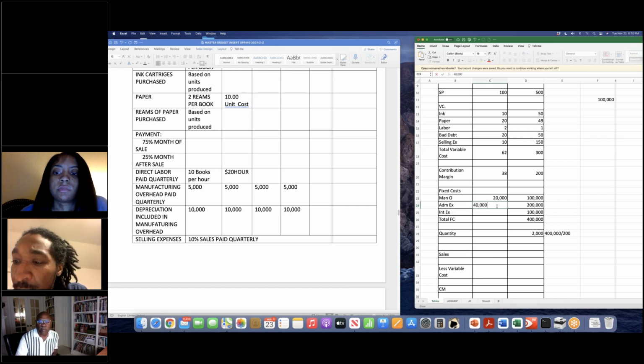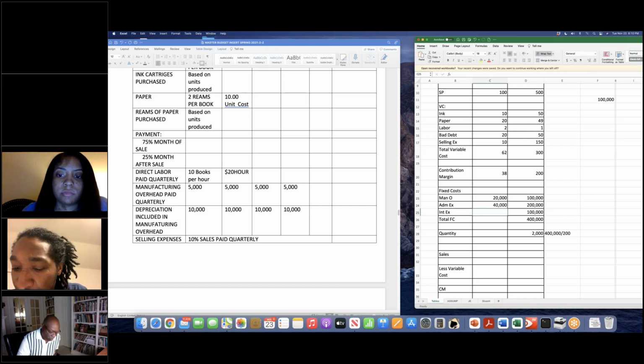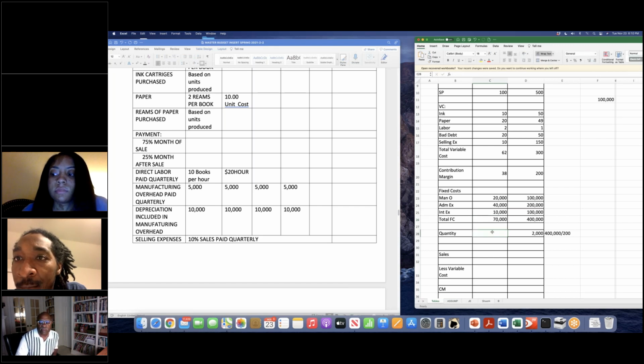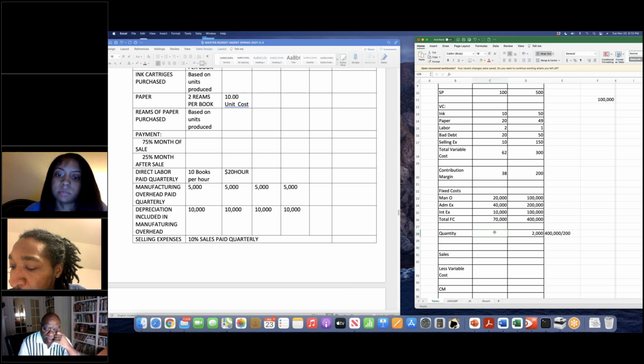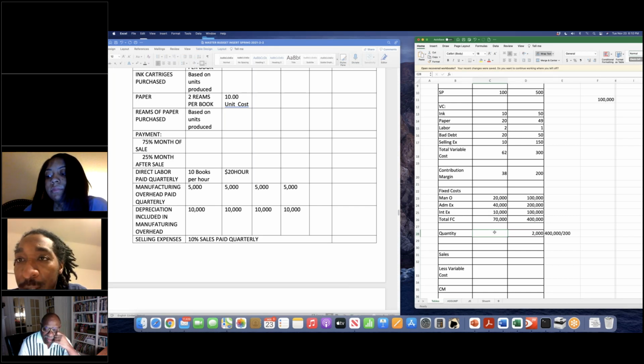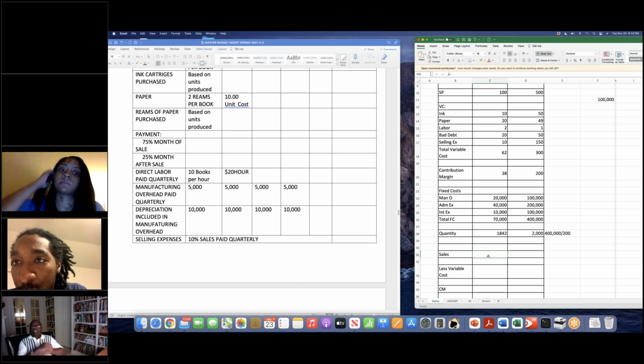And then interest expense was 10,000, equaling 70,000 in total fixed costs. We take the fixed cost divided by the CM, 70,000 divided by 38, and we came up with a quantity of 1,842. Any questions?